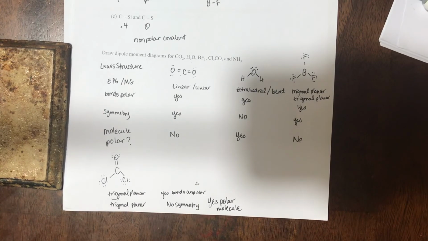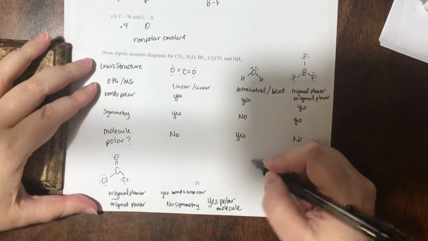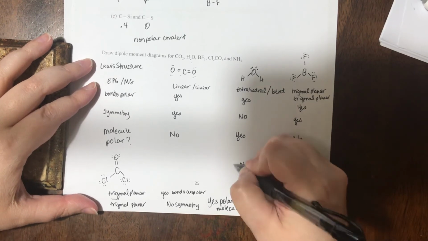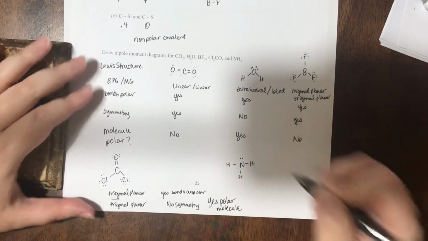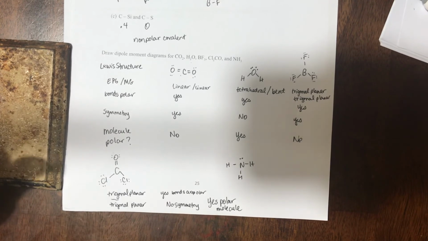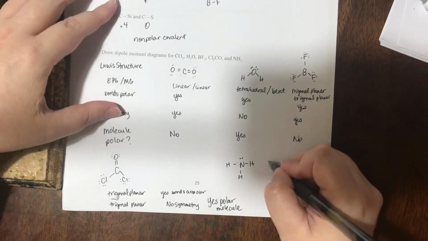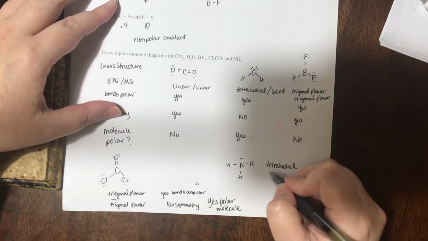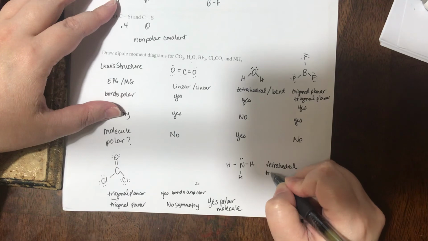Okay, now let's look at another thing that's got 3 bonds on it, NH3. NH3 is a little different than the other two because it has 4 domains instead of 3. So 4 domains means the EPG is tetrahedral, but the molecular geometry is trigonal pyramidal.